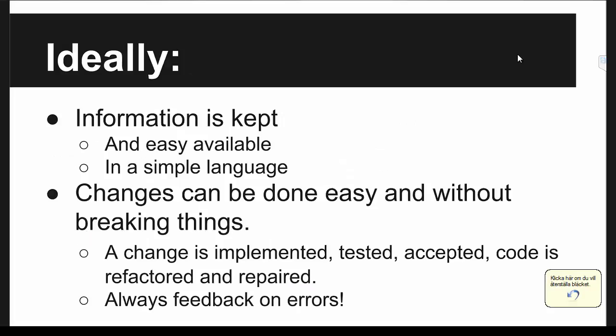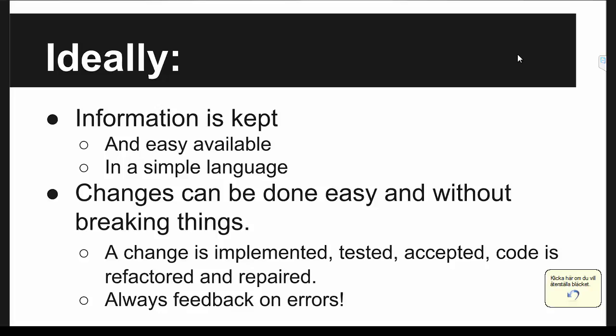So in the best case, information that someone stored in the code during problem solving is kept and is in a simple language, so it's easy to pick up that code again and understand what it does.